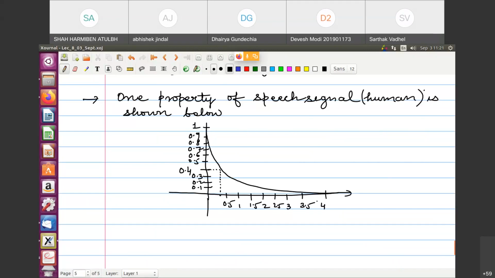Just drawn it roughly. So on the y-axis, what I am plotting is the probability that the abscissa, meaning the value on the x-axis, is exceeded. Okay.